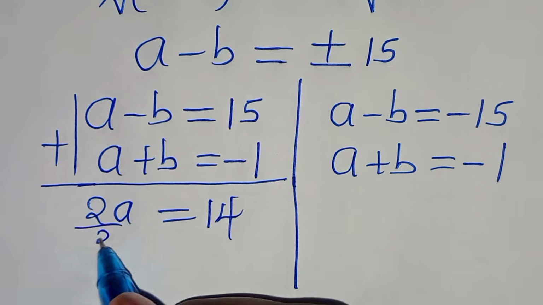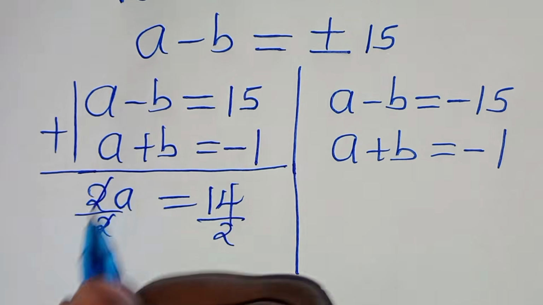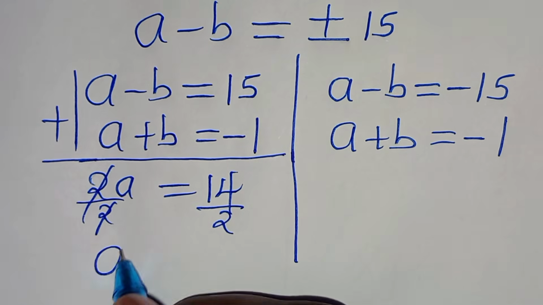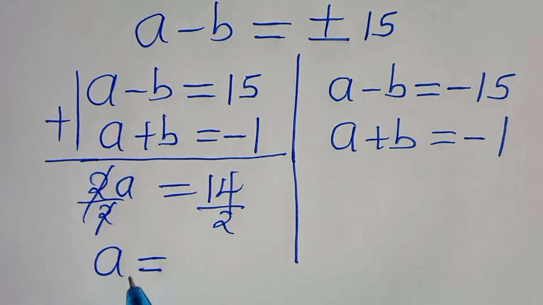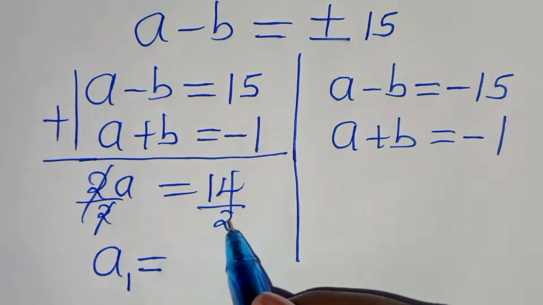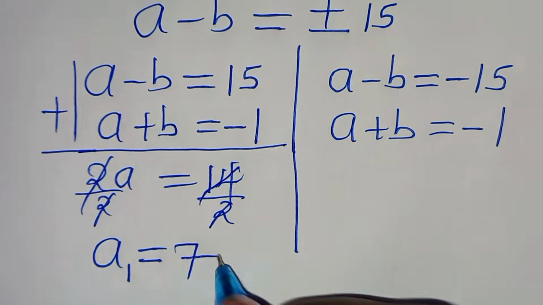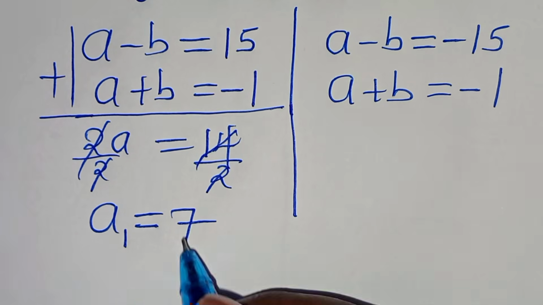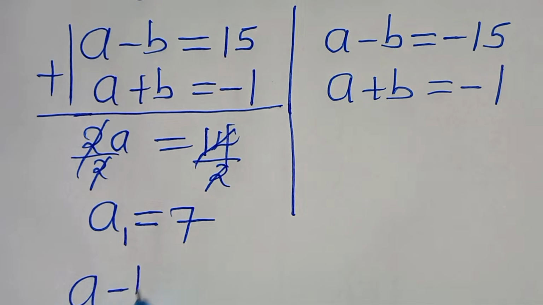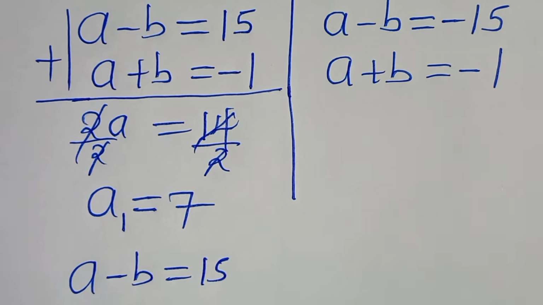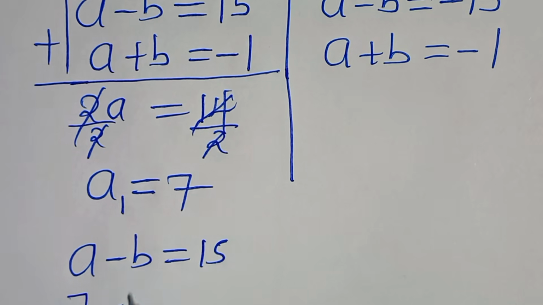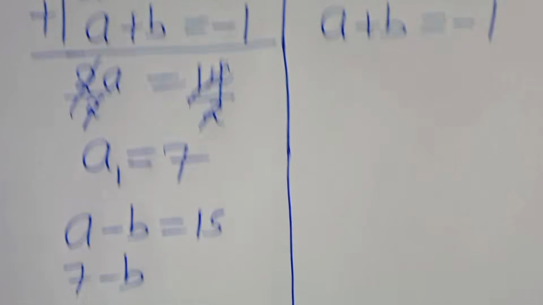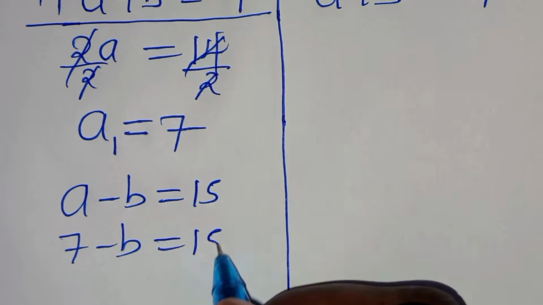So let's divide both sides by 2. This means that A, we can call this one A1, is equal to 14 divided by 2, which is 7. So the value of A1 is 7. We can solve for B1. Remember A minus B is equal to 15. So we have 7 minus B equal to 15.